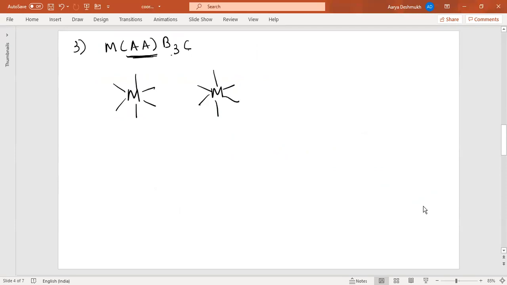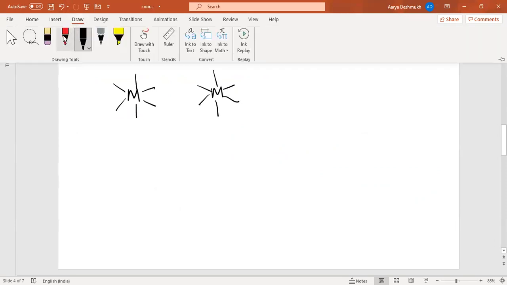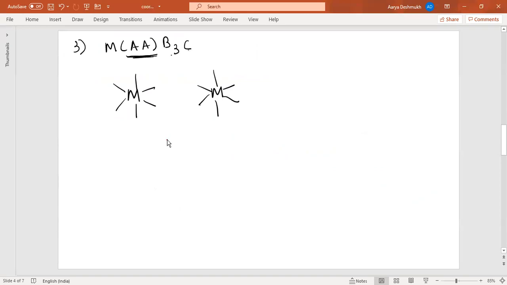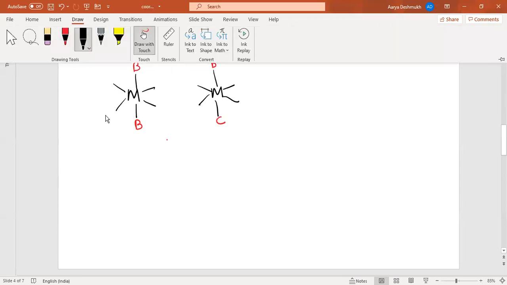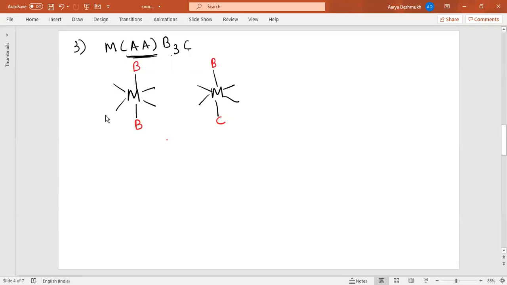Now I use another color for drawing this. Here I will draw B and B, here I will write B and C, and the rest. Just look carefully. Here, this is AA, the bidentate ligand.